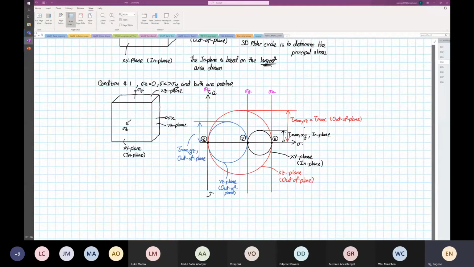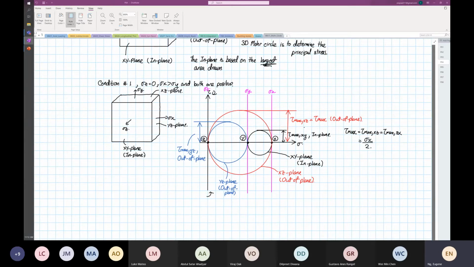So from here we can see that the tau max is equal to tau max XZ, which is equal to tau max ZX. And this is equal to stress x divided by 2.